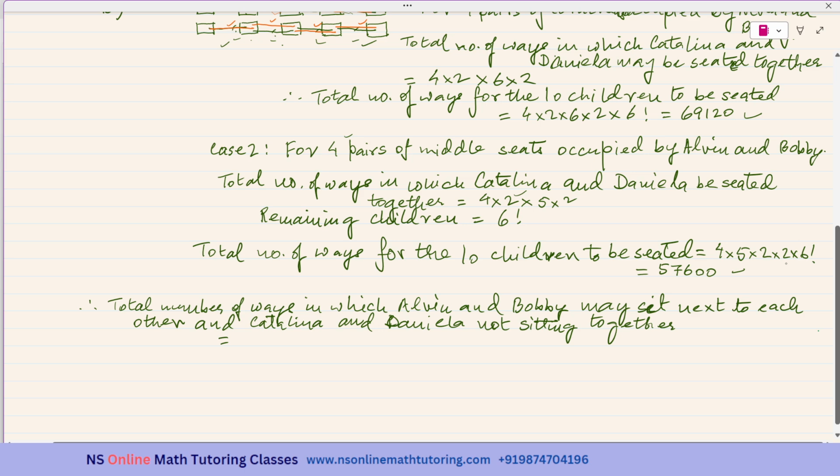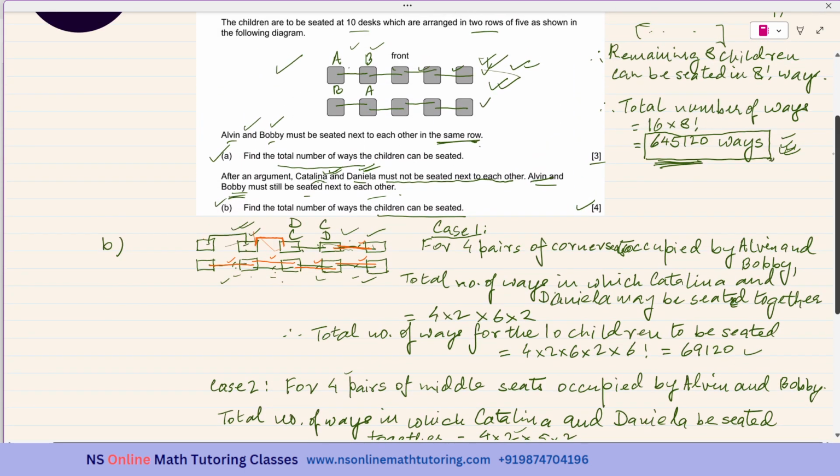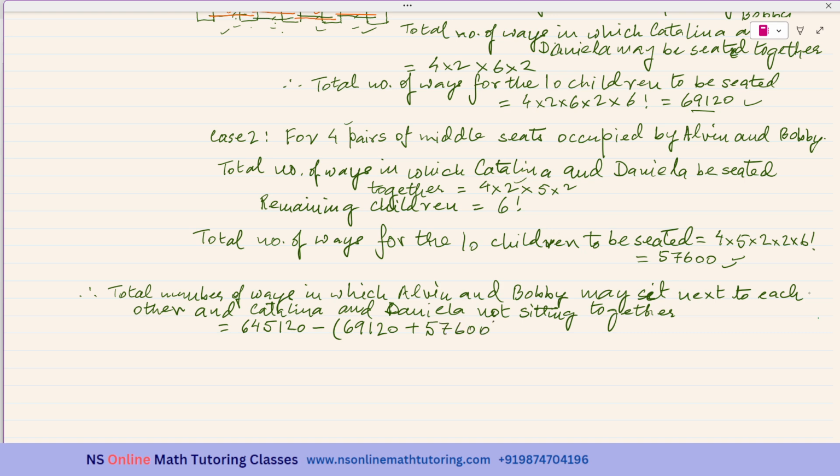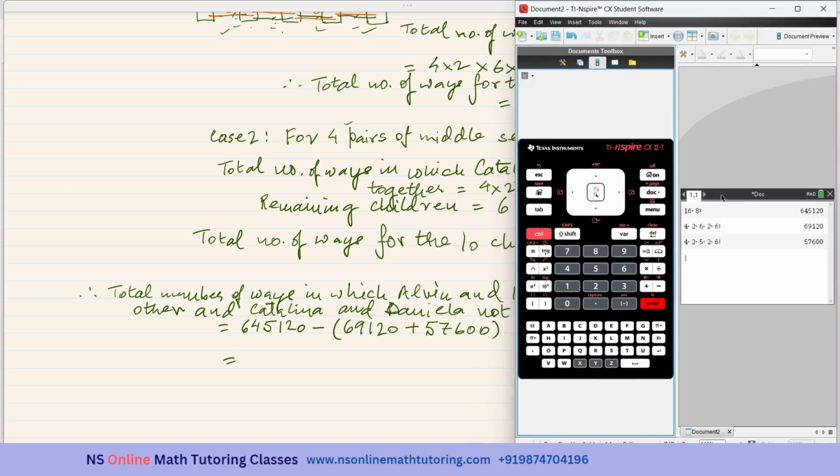is equal to, what was the answer for this first subpart? 645120. 645120 minus, this was 69120 plus this one 57600, okay, is equal to 645120 minus 69120 plus 57600.